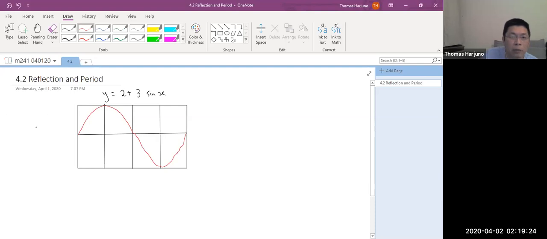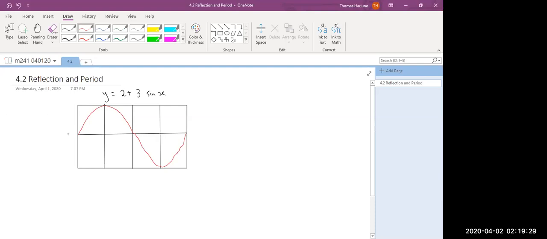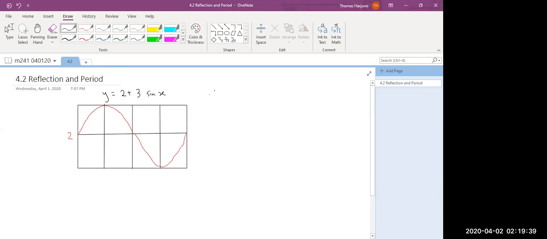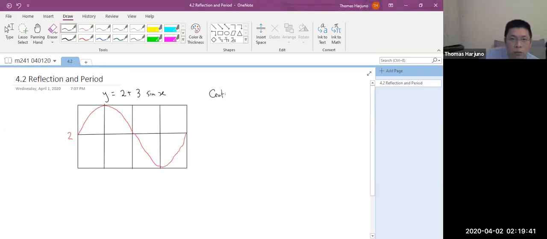Now then what happened to the center? It's 2. Okay, what's the amplitude? Three. The amplitude is 3, so the center is 2. The amplitude is 3. So what is the maximum then?